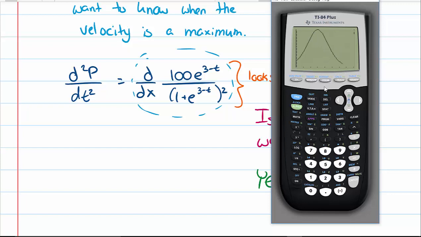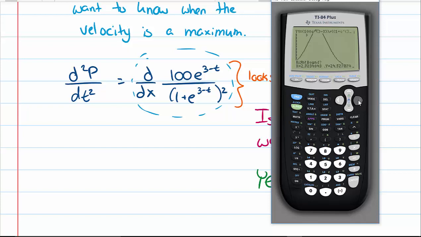And so to find the maximum, we're going to push second trace for calc, and then you can go ahead and find the maximum by going down to 4. And it's going to ask you for the left bound. So I'm going to left bound it over here. And I'm going to right bound it over here.